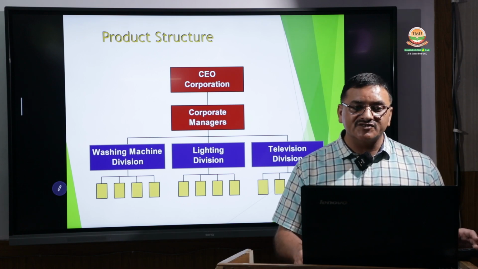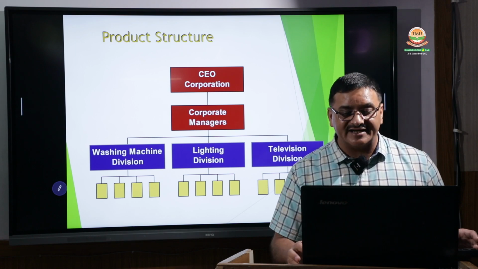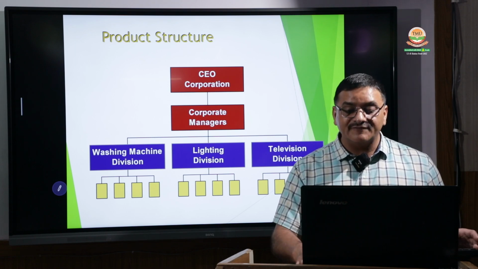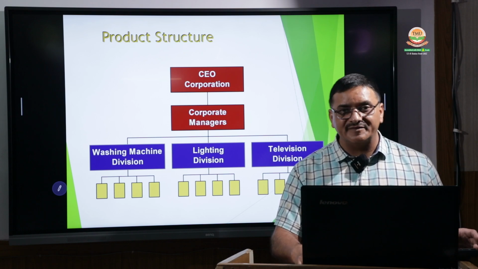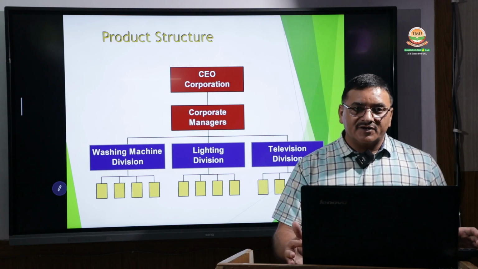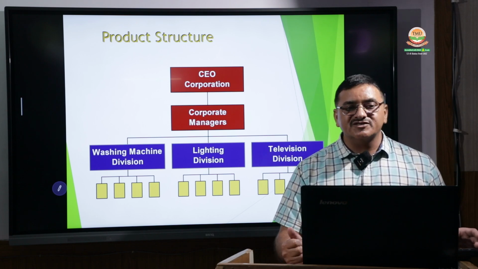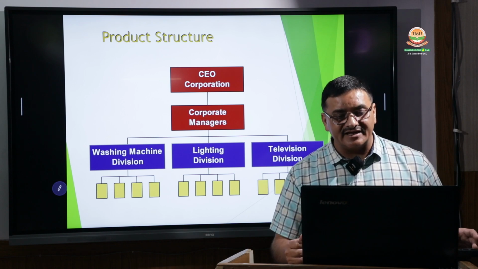Then they are also responsible for market research, new product development and research and development activities, and they have to collect all types of information from the market in terms of feedback from intermediaries as well as from the final customers. The product or the brand manager is also responsible for distribution, promotion, accounting and finance related areas.